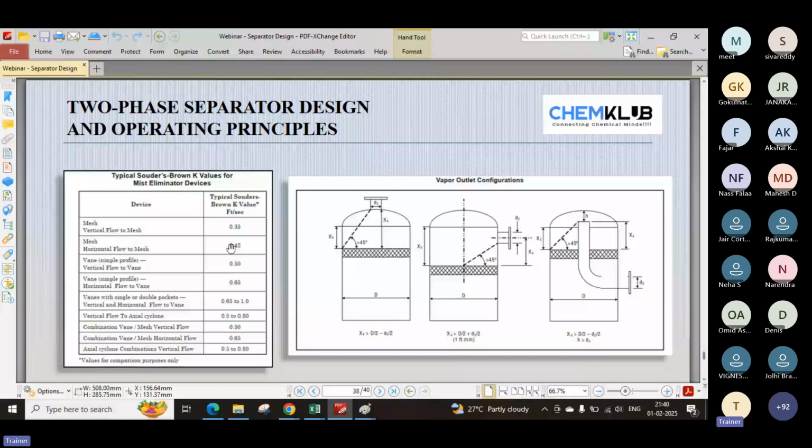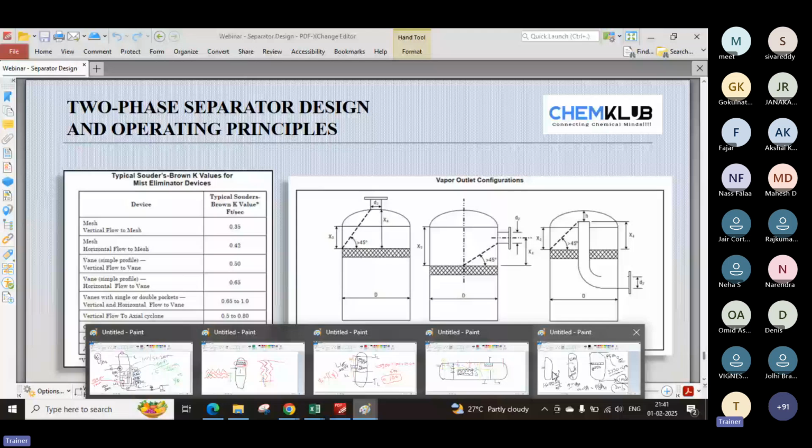Based on what type of arrangement you have, what kind of inlet device or separating device you are using, whether vertical flow to the mesh, horizontal flow to the mesh, whether you are using any vane pack, vertical or horizontal, the combination of these will tell you the K value.